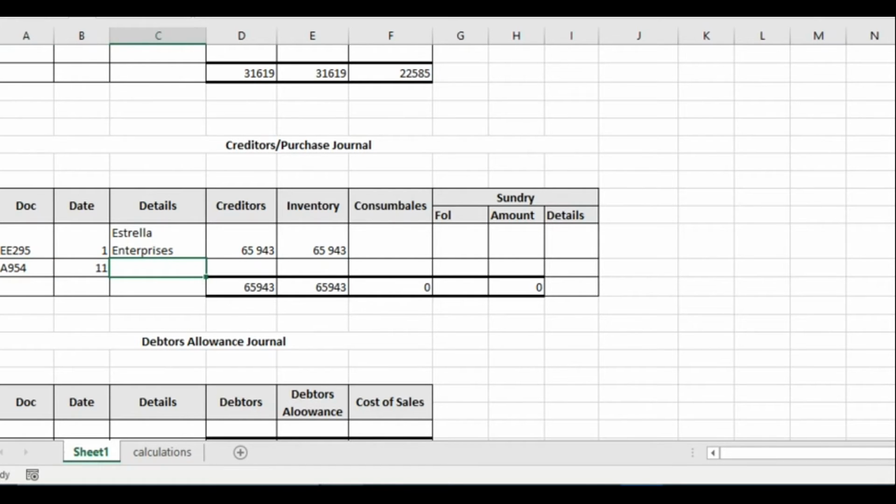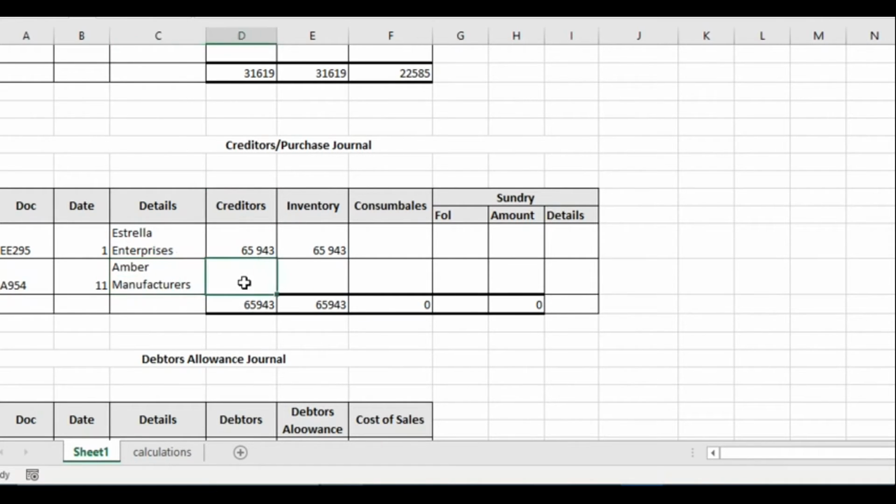Then our details is Amber Manufacturers. Just wrap the text. So our creditors is 5,149. This is the total amount that we paid.